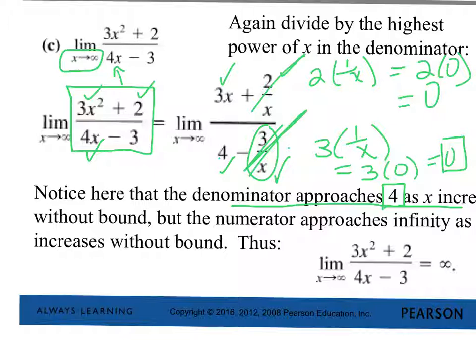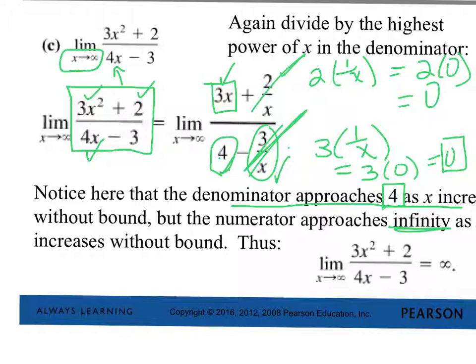So the denominator approaches 4, but the numerator approaches infinity, because as you let x get bigger and bigger and bigger, then 3 times x gets bigger 3 times as fast. And with it growing that fast, dividing it by that lonesome little number of 4 makes no difference.